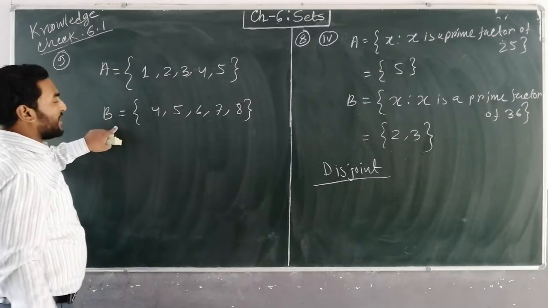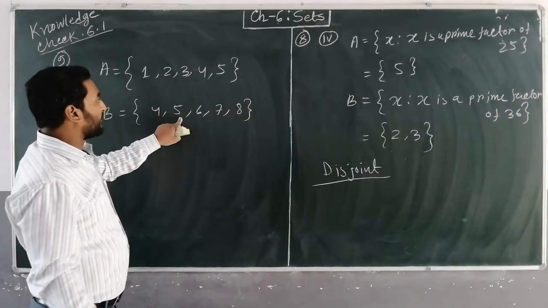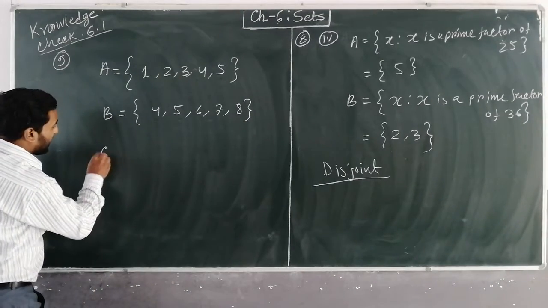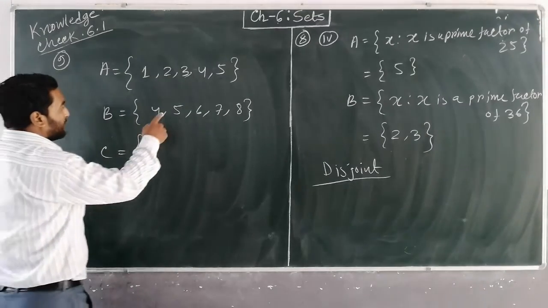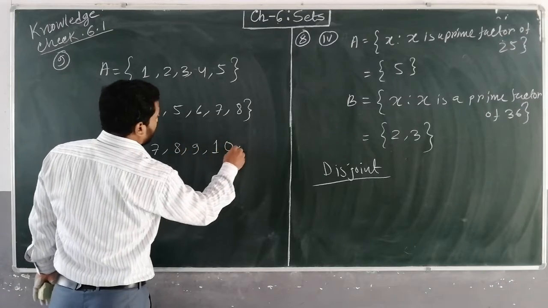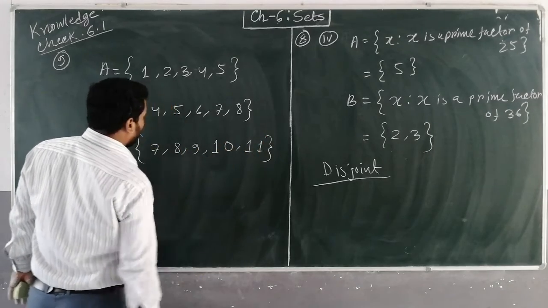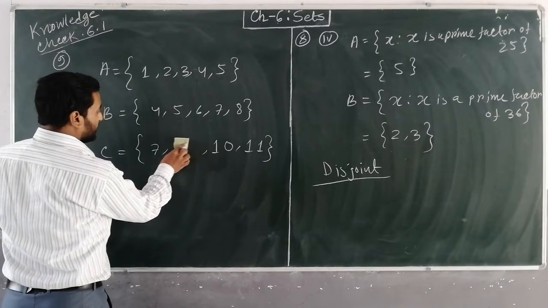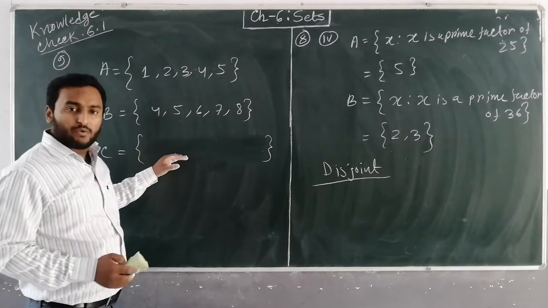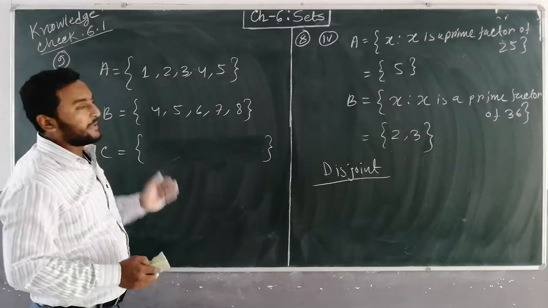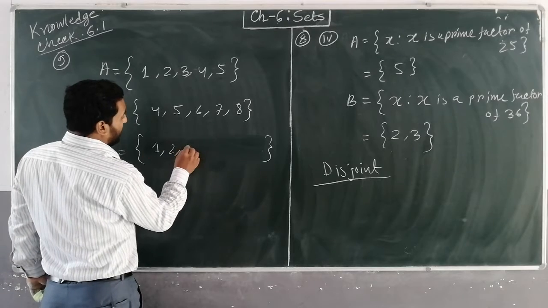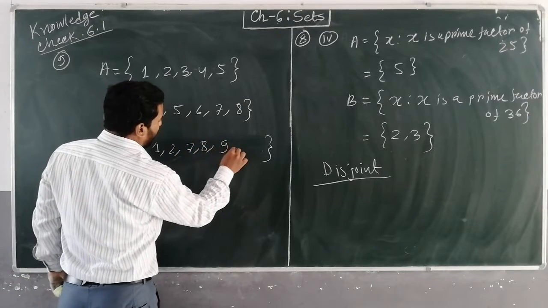Now see this: A and B are overlapping because 4 and 5 are in both. Now you have to choose C such that B and C are overlapping, and C and A are also overlapping. So it will be 1, 2, and again you can take 7, 8, 9, 10.